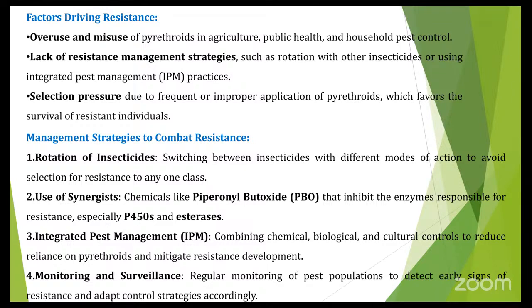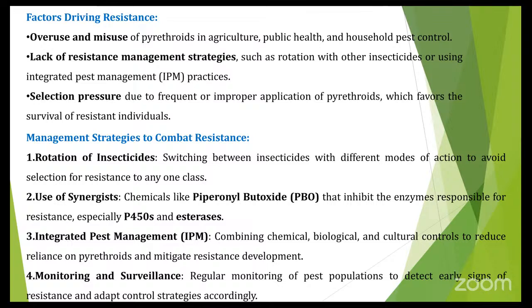Second, use of synergists like piperonyl butoxide that inhibit the enzymes responsible for resistance, especially P450s and esterases. Third, integrated pest management, which combines chemical, biological, and cultural controls to reduce reliance on pyrethroids and mitigate resistance development.